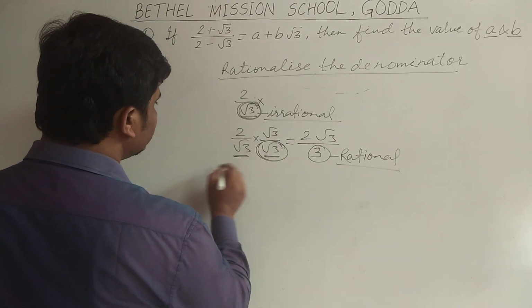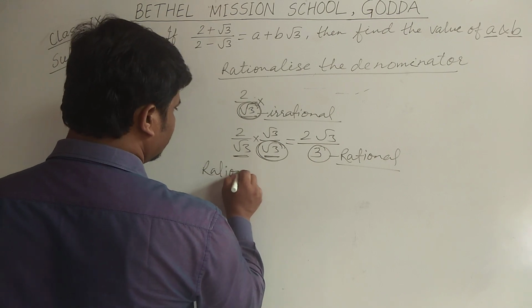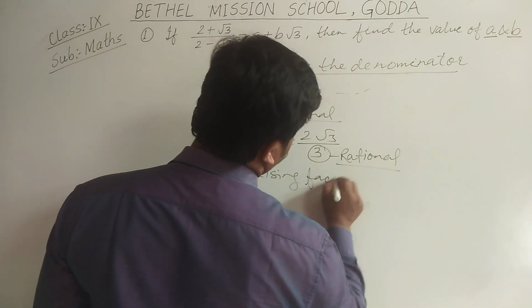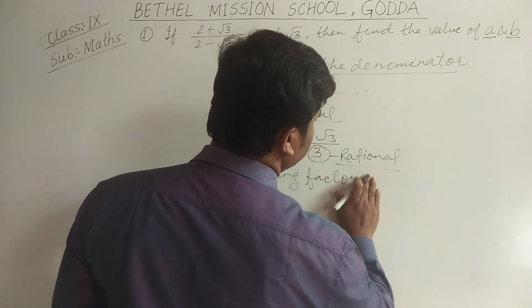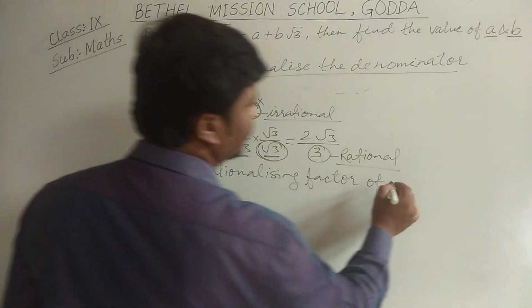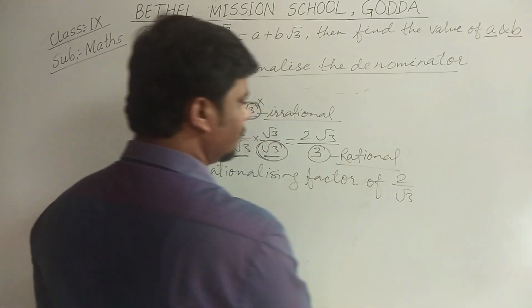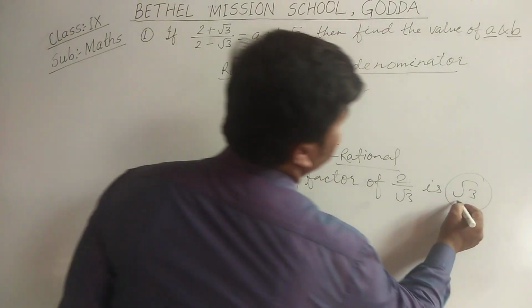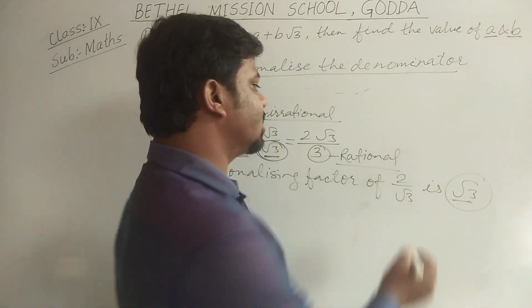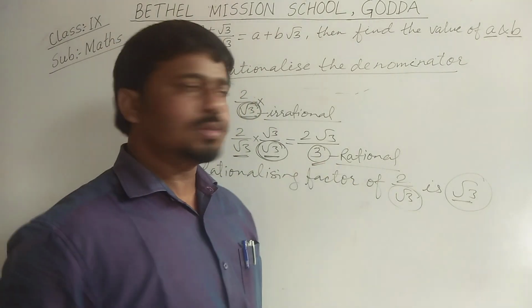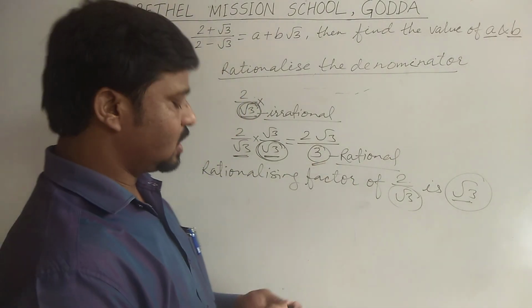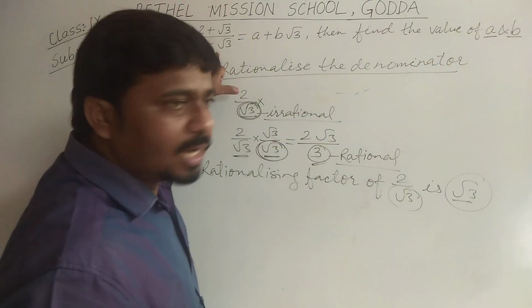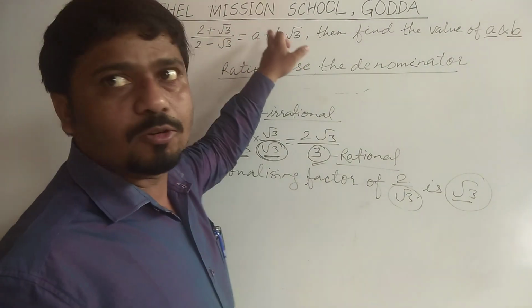So the rationalizing factor of 2 upon under root 3 is root 3, because after multiplying by this root 3 we get the rational. So by this process we will rationalize the denominator, and after that we will find the value of a and b.